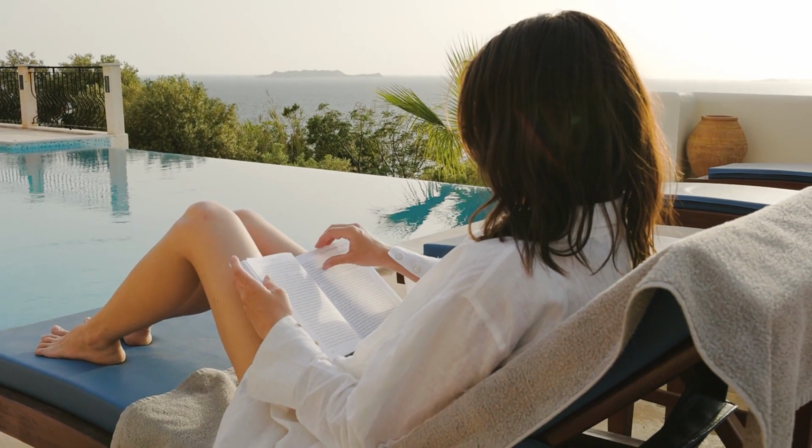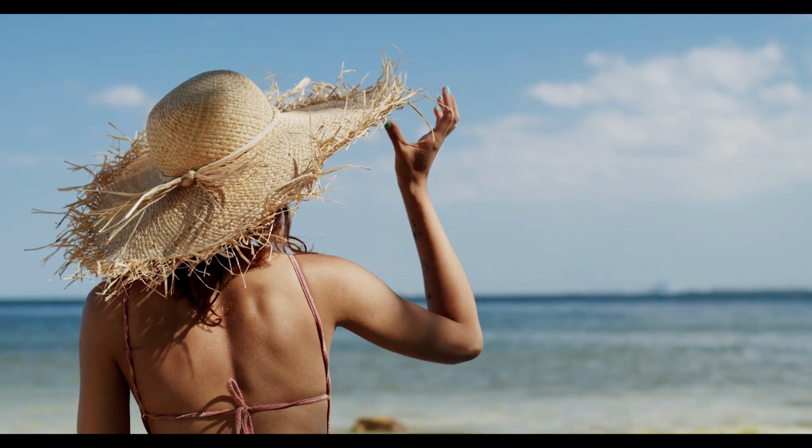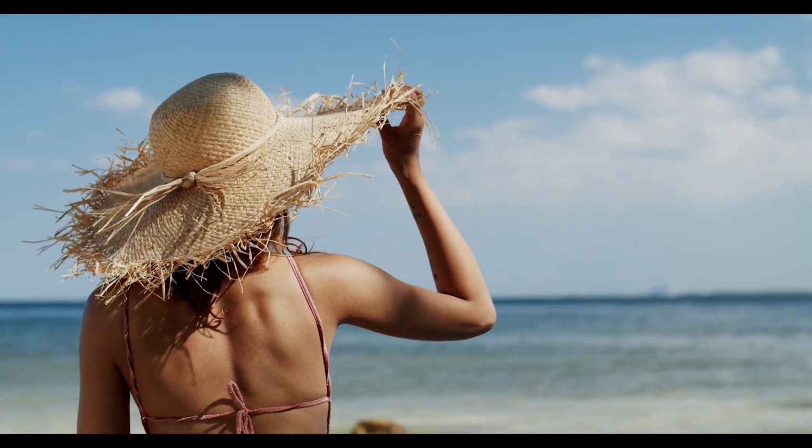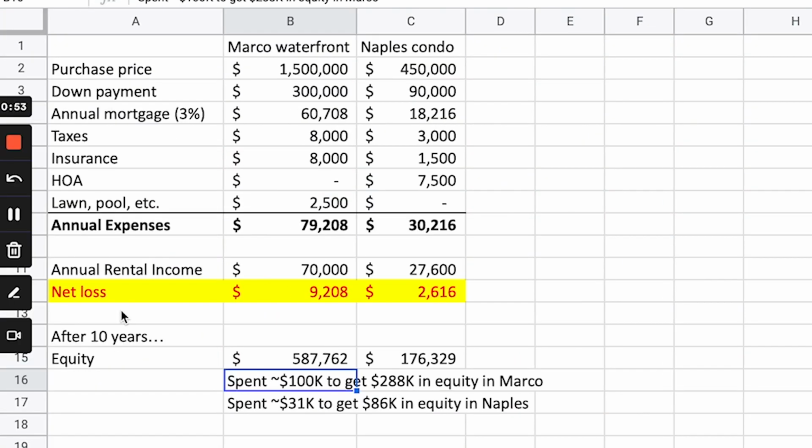In Naples, that number's probably more in the $5,000 to $6,000 range. But on a percentage basis, you can see that you're definitely giving up a fair amount. So in essence, you're paying yourself, or you're paying out of your own proceeds, for the use of that home.